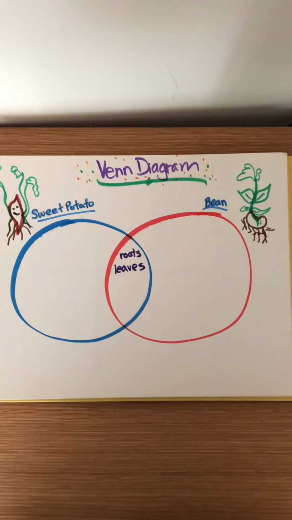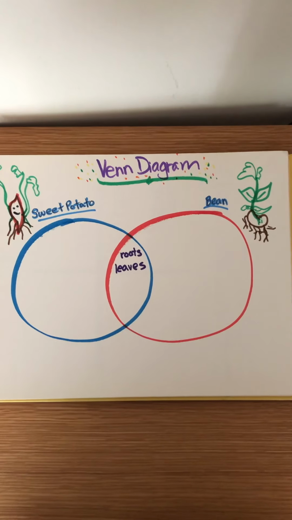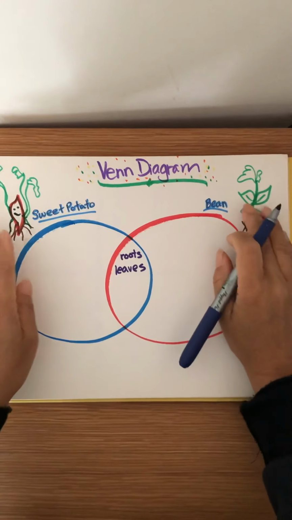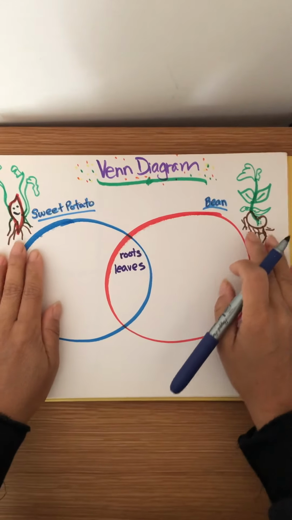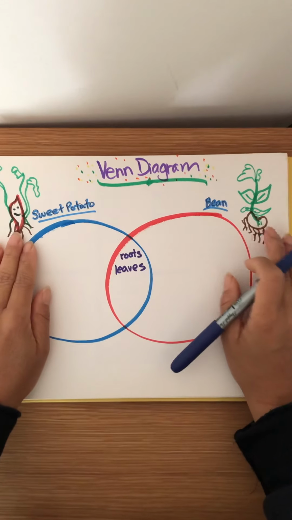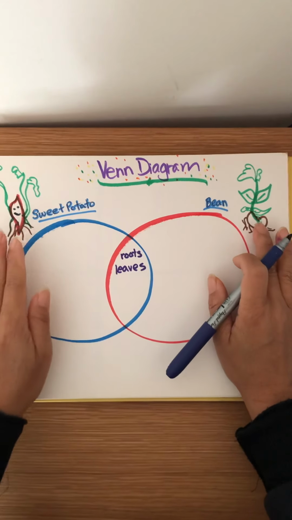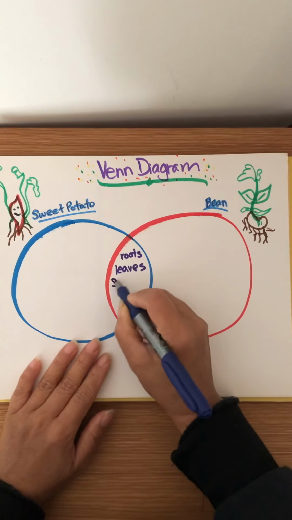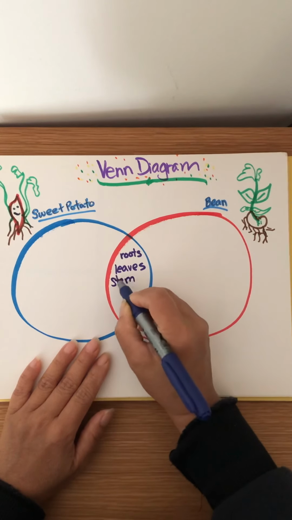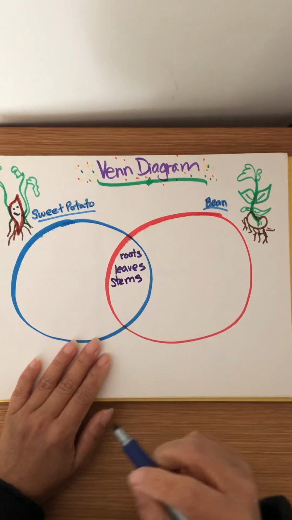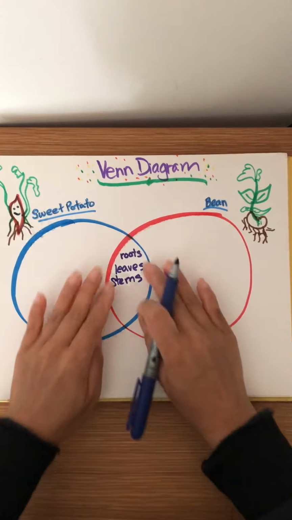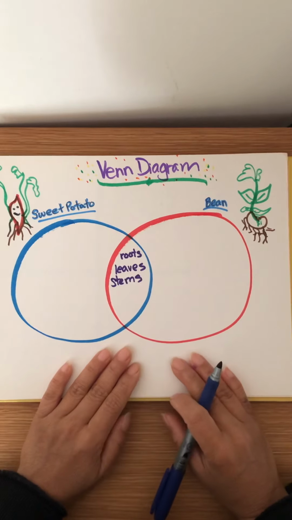Well, they both have stems that come out of their shell or their bodies, you could say. So they both have stems. You can write stem like that. So we're making a list of the things that are the same about them.